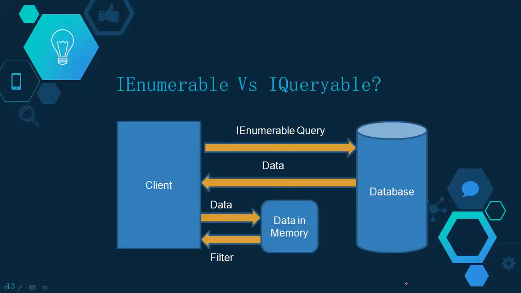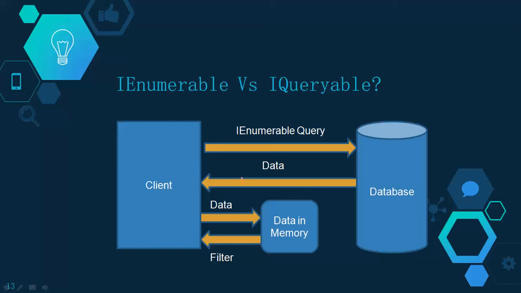IEnumerable versus IQueryable. From this interview question, the interviewer expects that the candidate should know the performance implications of different techniques. For a large database, if we use the wrong technique, it has severe performance implications on the application.